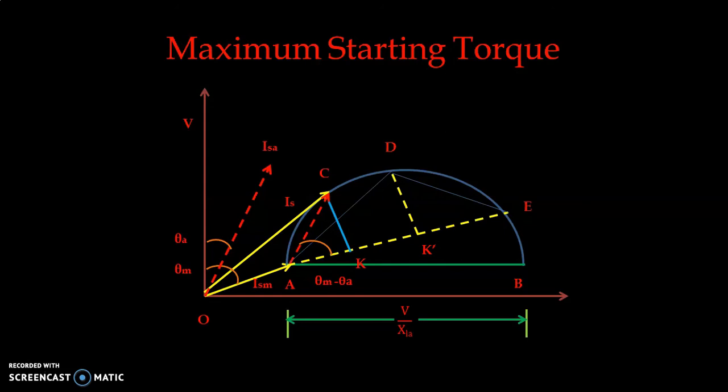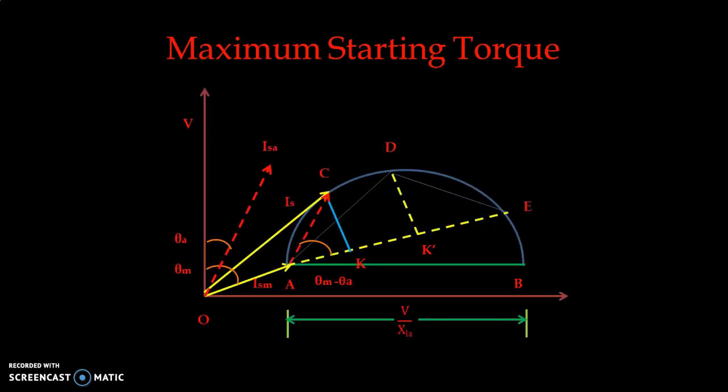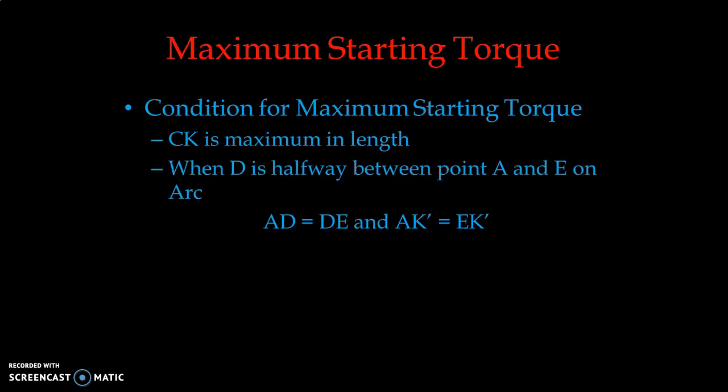Then DK dash gives us maximum starting torque. In a similar way, AK dash should be equal to EK dash. So DK dash gives us maximum starting torque.